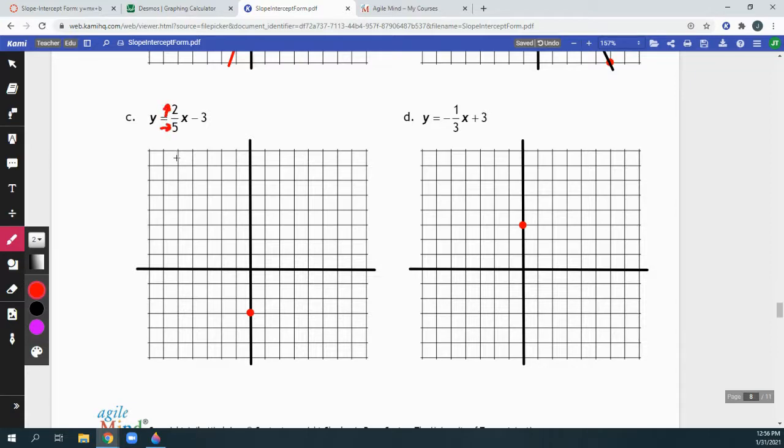That's an arrow, by the way, there. Okay, so let's go up 2 and over 5. Up 2, 1, 2, 3, 4, 5. Going back the other way, it'd be down 2, and 1, 2, 3, 4, 5. There. So this is going to go like so.